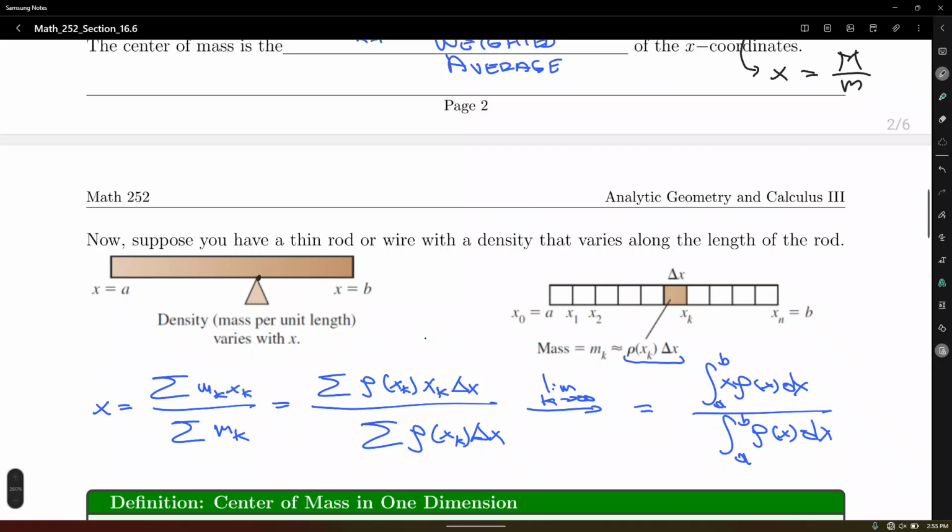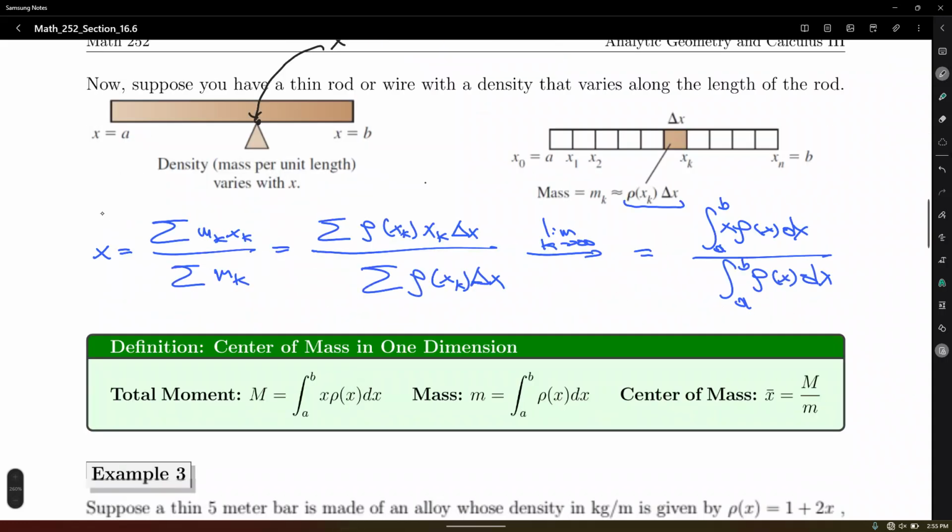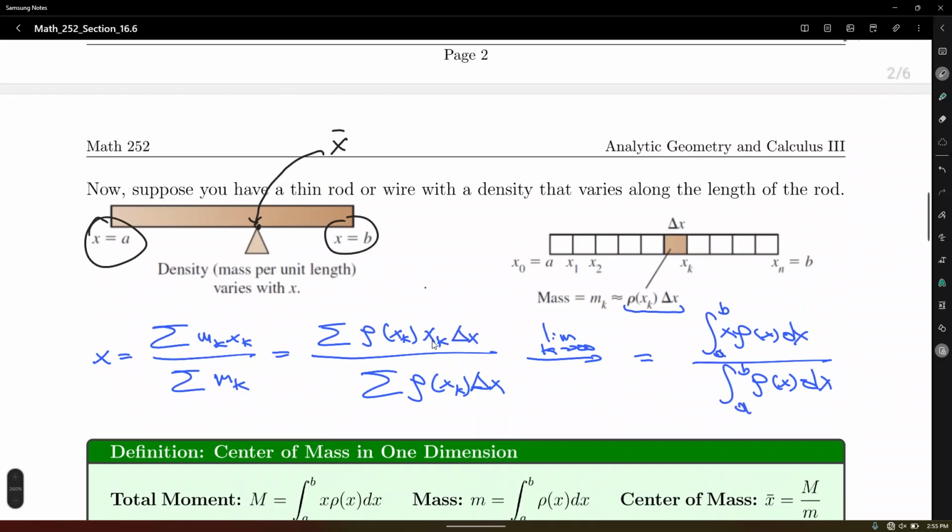We want to know where in between A and B we should place this pin to keep the bar in balance. And for this, of course, we're going to use a Riemann sum, believe it or not.